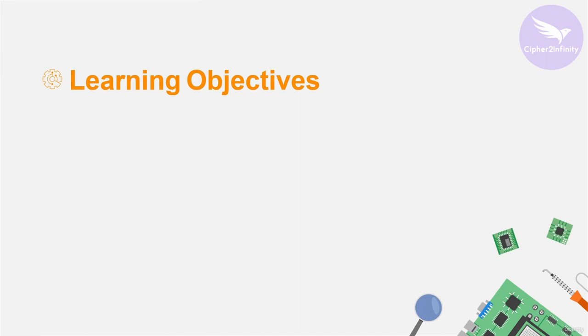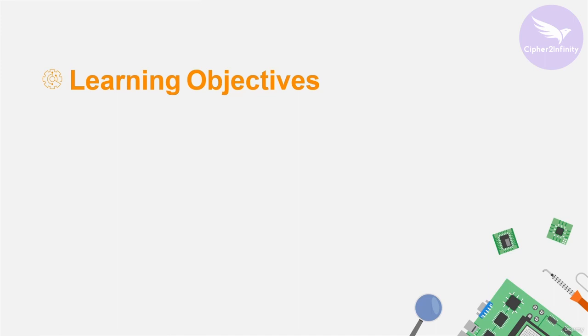So now let me tell you what you will learn in this video. Whenever we want to use any controller or create a design based on any controller, we should know its pin configuration or pin map, okay? Because we can't create a design using a controller without knowing its pin configuration or the functionality of its pins.